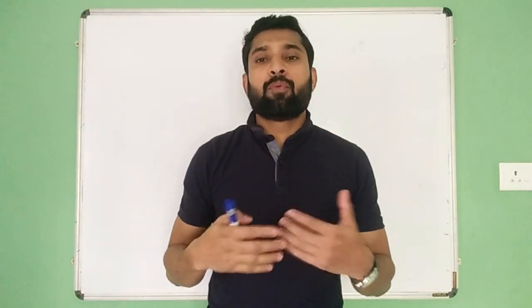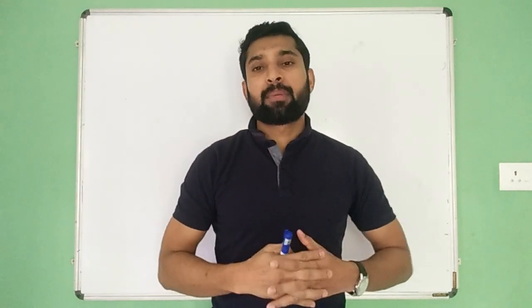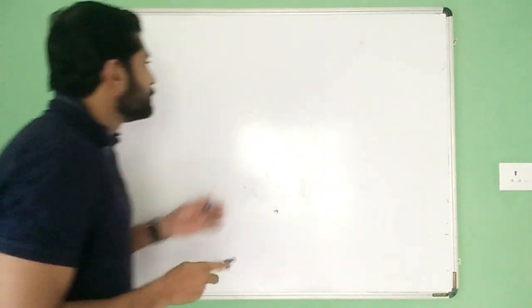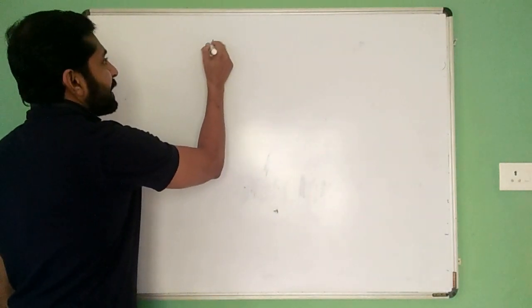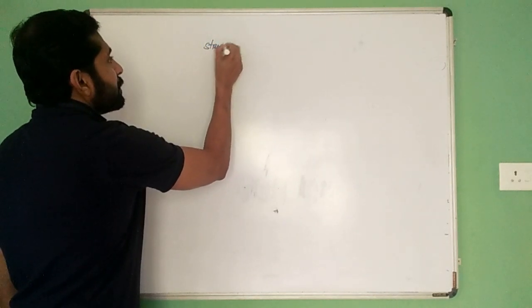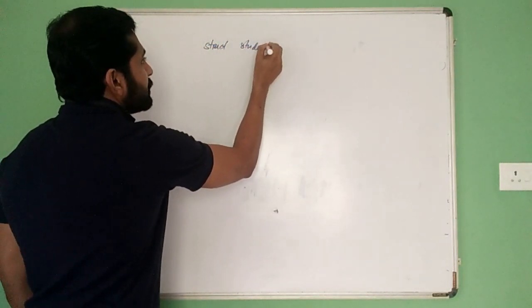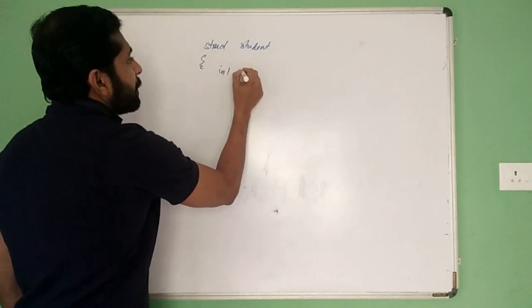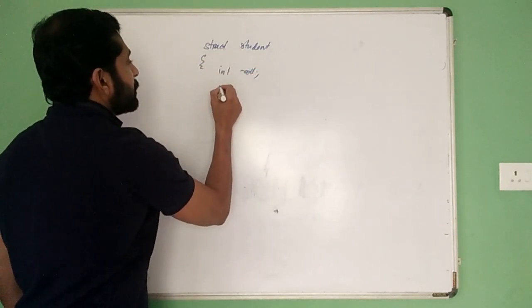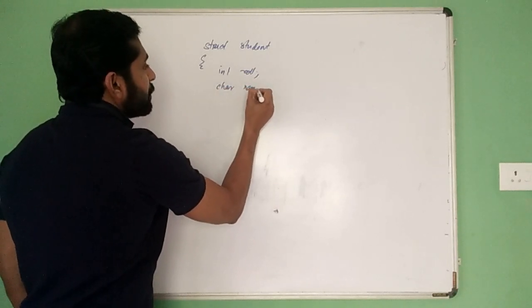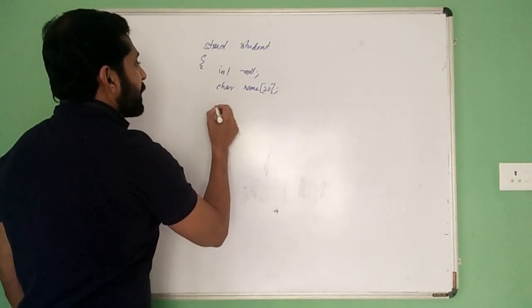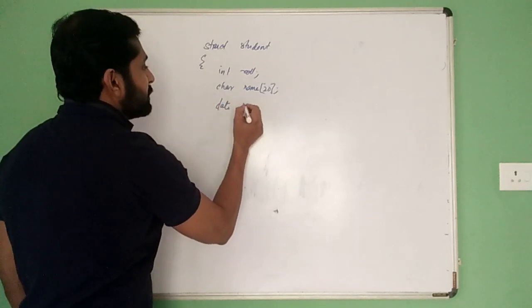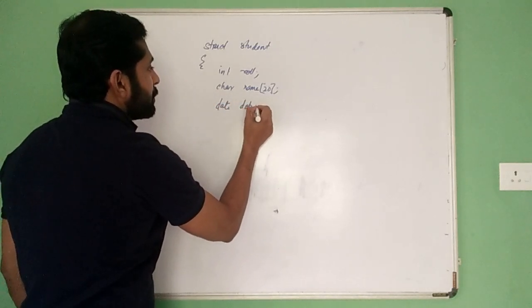Now, how will we initialize values to a structure? Suppose we have the structure, once again I am writing this: struct student, roll number, name of say 20, then we have date DOB.